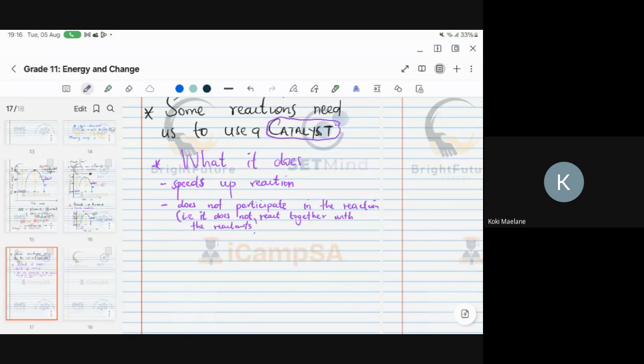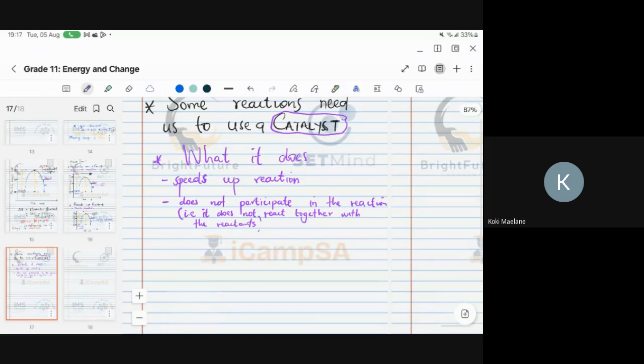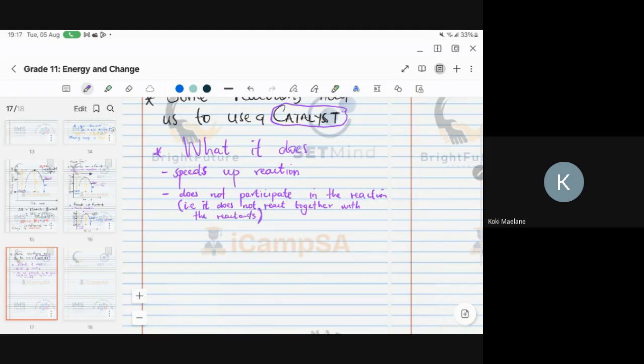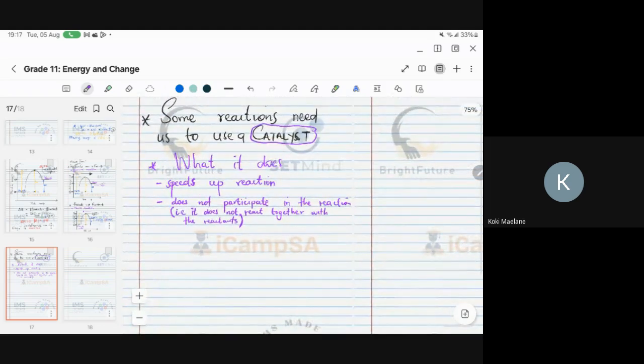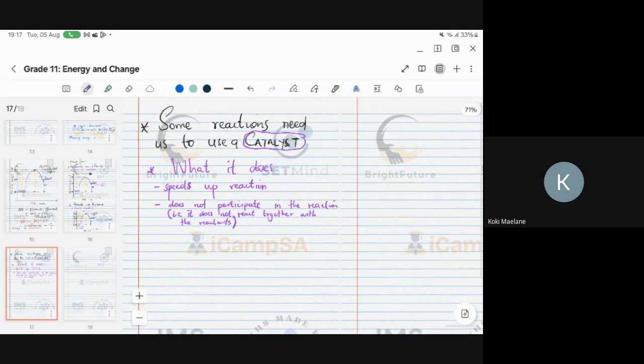So when the activation energy is a bit too high, that's when we include a catalyst. The catalyst will make sure that the reaction starts early and therefore will occur faster, will be sped up. So how do you show this in the graphs we were drawing?